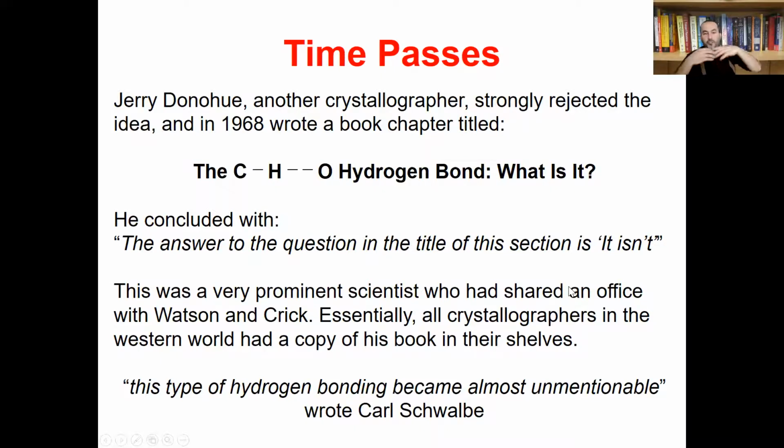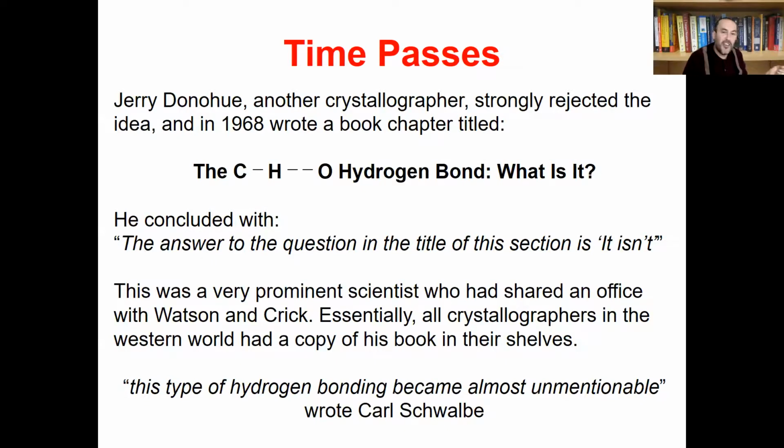So basically, he refused to recognize the existence of the hydrogen bonding. This person was very influential, and for many years, although people observed the same findings as Sutor, they were afraid of openly expressing them. They called it something else. They didn't call them hydrogen bonding.